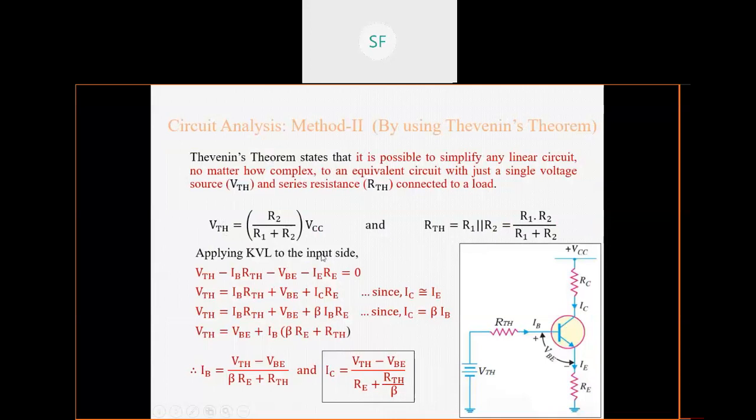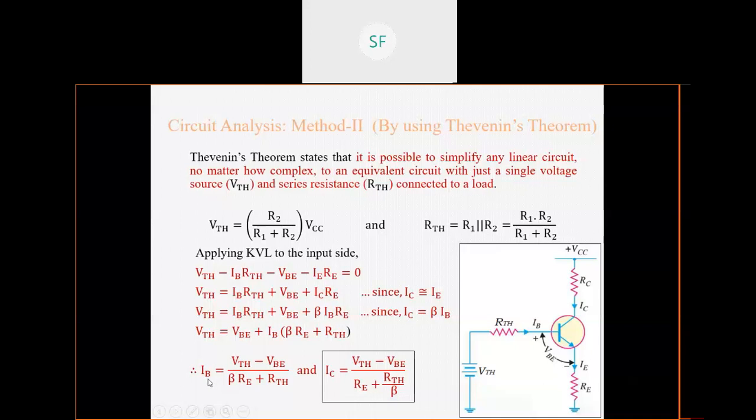Then again we did some analysis. We applied KVL, Kirchhoff's voltage law, to the input side and to the output side as well. By applying KVL to the input side, we got this exact value of IB. So you can now calculate the exact value of IB. Since this is the exact method, there is no approximation.